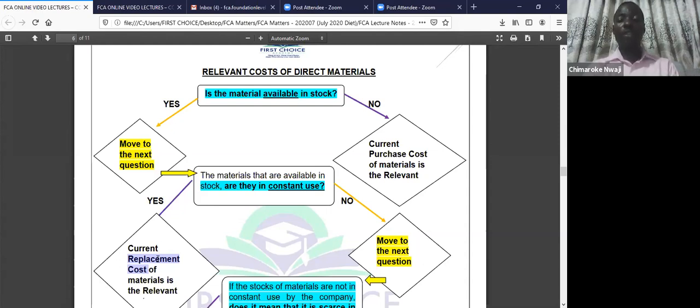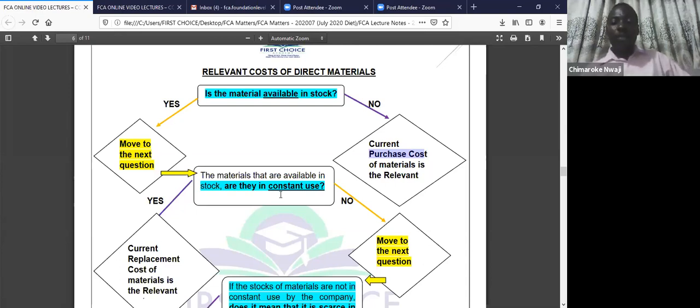Both current purchasing cost and current replacement cost could be the same amount, because technically, when we say it is not available in stock, we cannot call it replacement because it was not available before. We are buying it afresh.